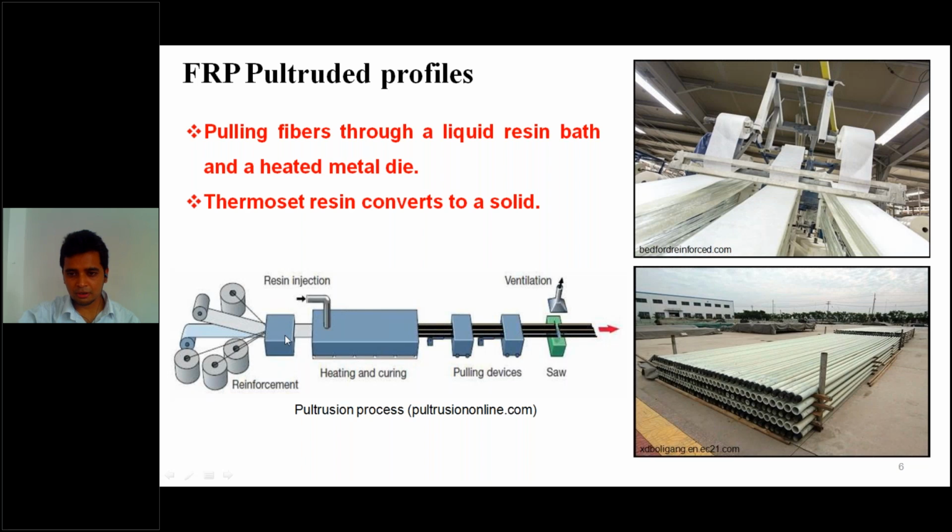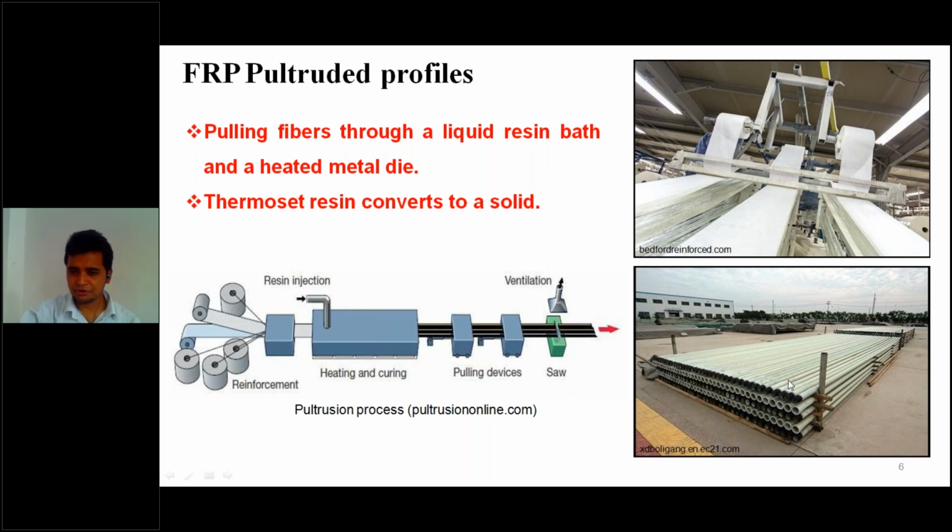We can see in the figure on the left, different fiber architectures are being pulled through a heating equipment, which we can call a heated metal die. Then you can get the desired shape and can cut into different lengths.